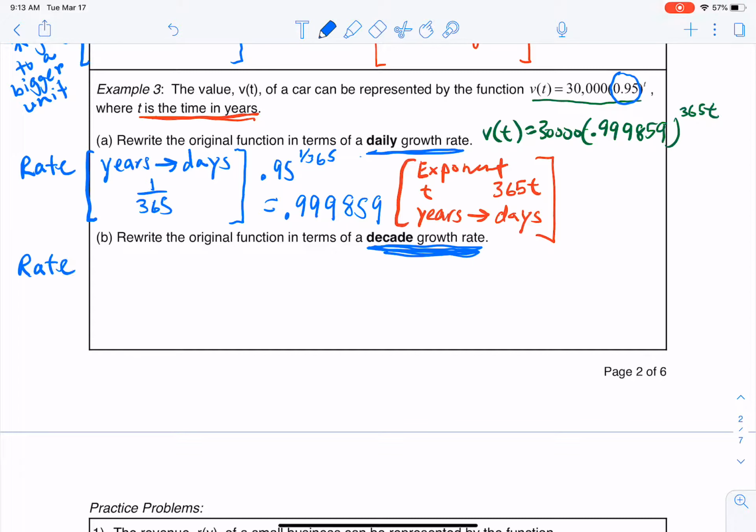Again, I'm going to make my graphic organizer so I can see what's going on. Here we're going from years, and we're transferring that to decades. To make even one decade, 10 years have to pass. So one thing to note here, like part B of example 2, we're going bigger.